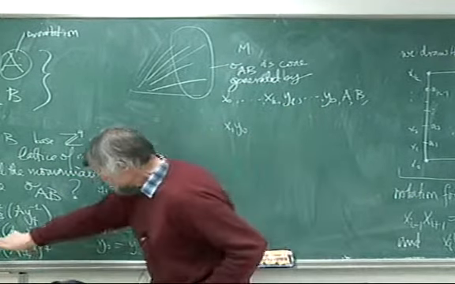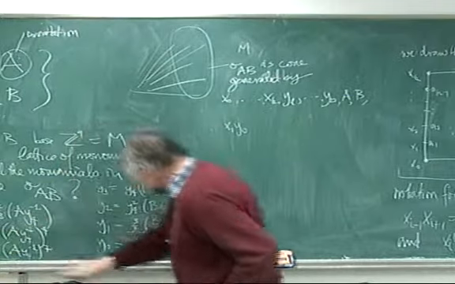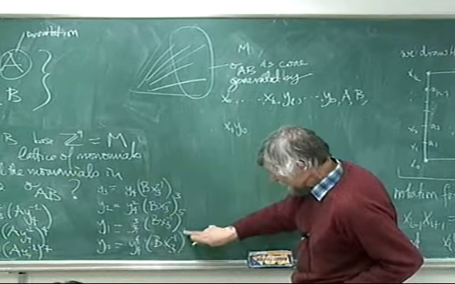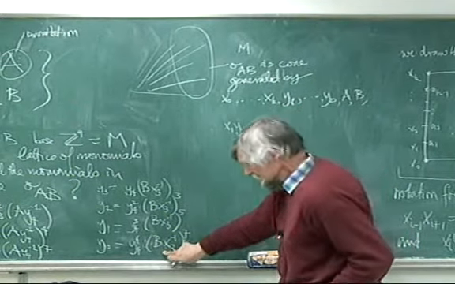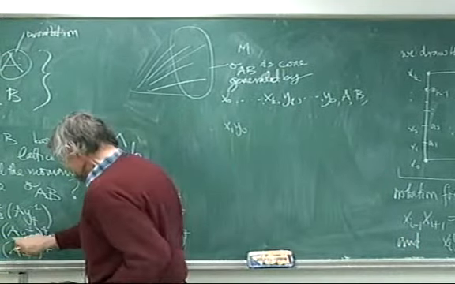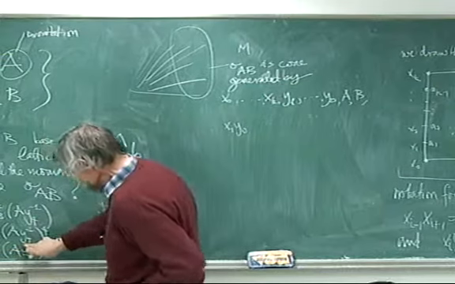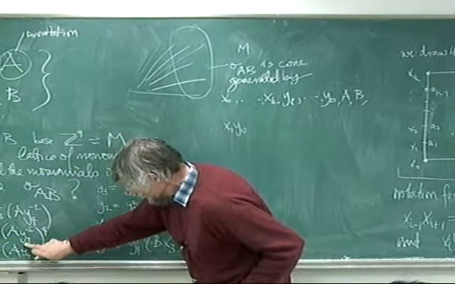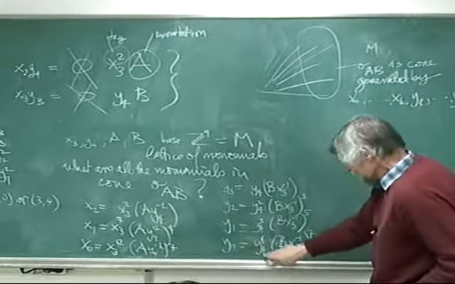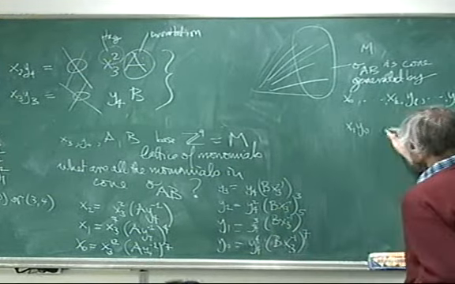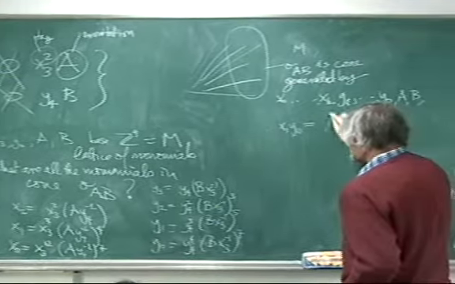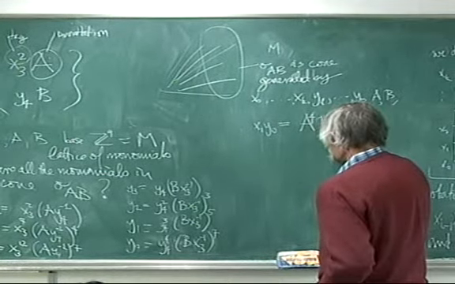There's x3 to the power of 7 times x3 to the power of minus 7. And then there's y4 to the power of minus 4, and here there's y4 to the power of 4. So this is very convenient. This turns out to be a to the 4th b to the 7th.